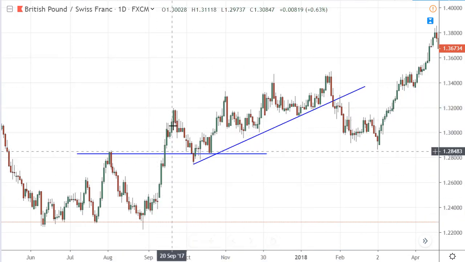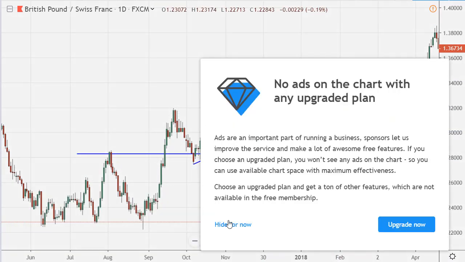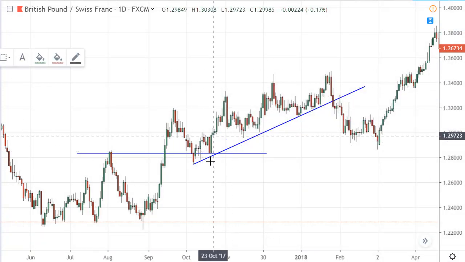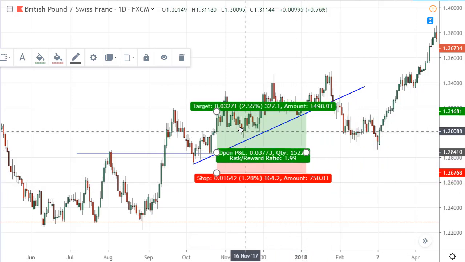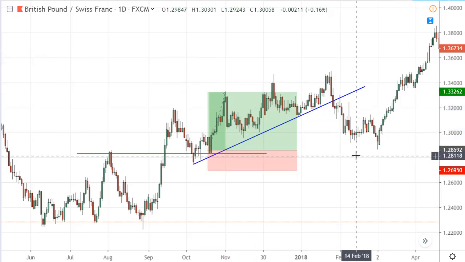Let's assume it was something like that. So we had a nice rally. Of course, you don't enter over here, so you wait for a certain pullback, and when that occurs, you enter the trade. So in short, this would have been a nice entry, and this would have been the setup you were looking for.